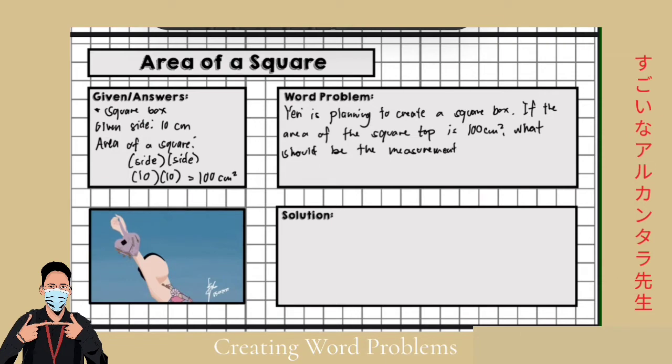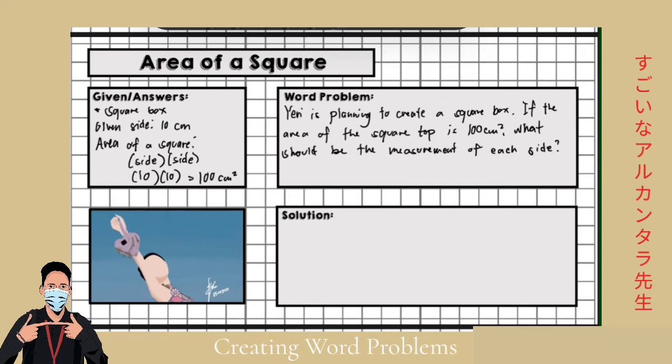And you might say, sir, what's the difference between a square word problem and a rectangular word problem? In the square word problem, you're not comparing the sides, because always remember that for a square, all sides are equal. That's why we don't have, like, the width is this and that.